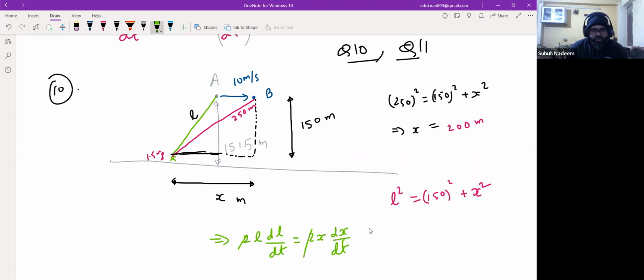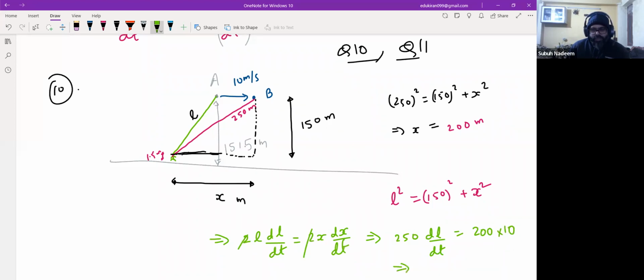Now 2 cancels. You know that the moment where dl by dt is being asked, L is 250 into dl by dt, and x is 200 and dx by dt is the horizontal speed, which is 10.